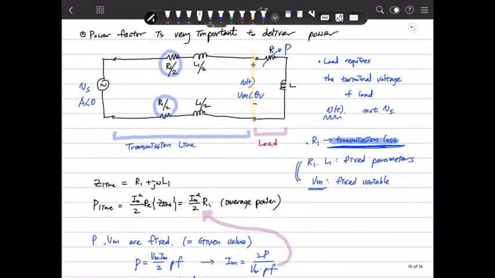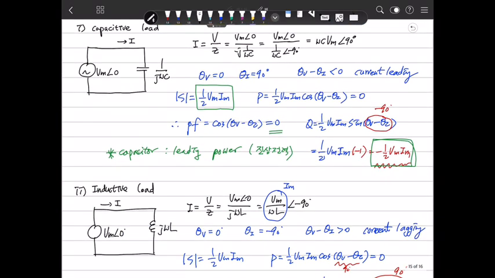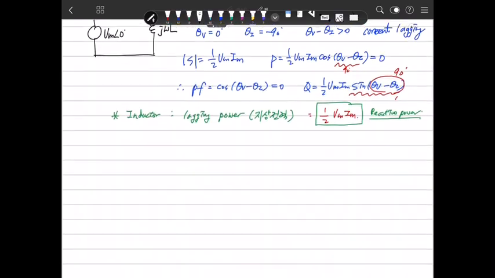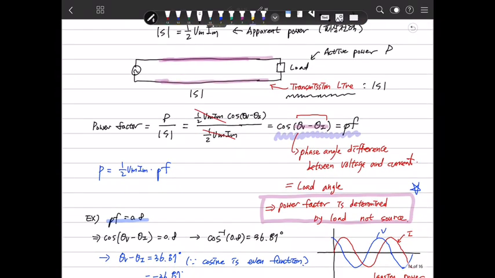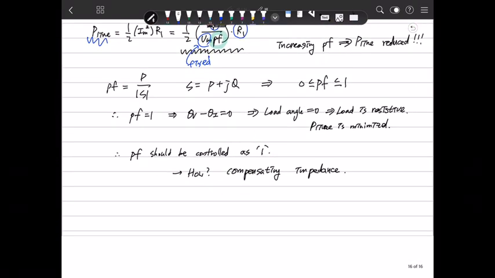I told you that the power factor is determined only by theta V minus theta I. So the power factor is determined only by the load angle here. So to modify the power factor, we need to modify the load, the impedance. So we can compensate the impedance to change theta V minus theta I to go to 0.